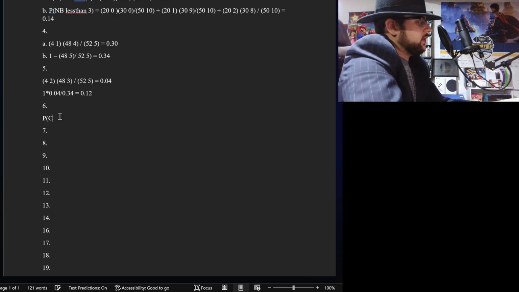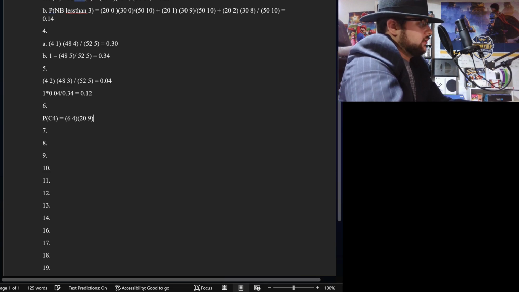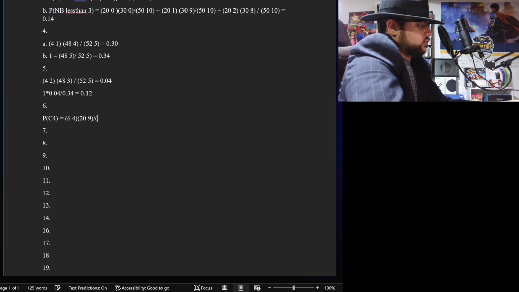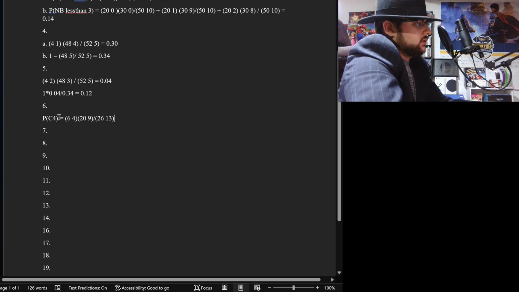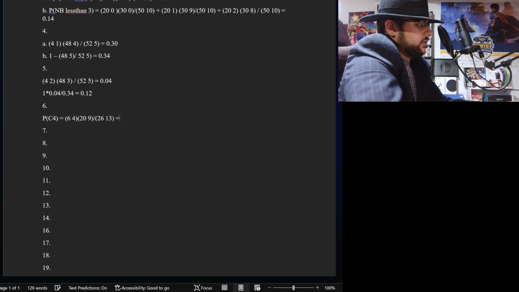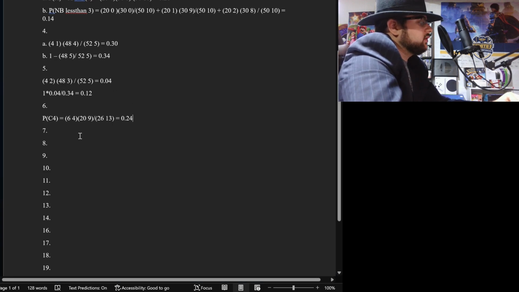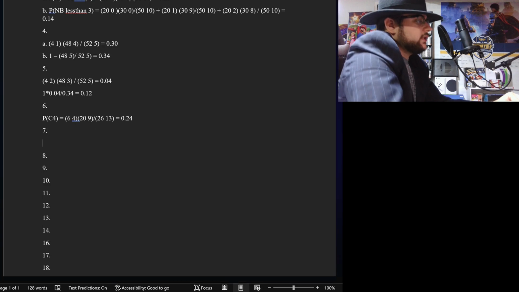What we have to think about is we're looking at C having 4 here, and only C. So when you have C(20,9) over C(26,13), which is all the cards' probability, we can get 0.24 approximation.